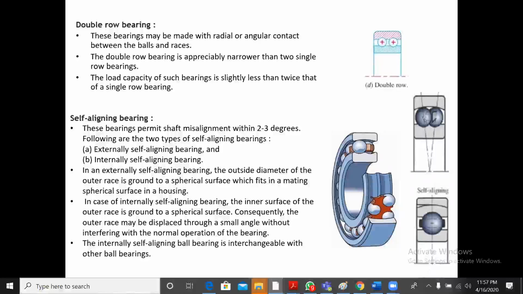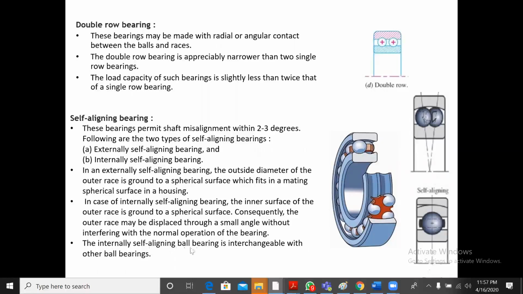to a spherical surface which fits in a mating spherical surface in a housing. In case of an internally self-aligning bearing, the inner surface of the outer race, you can see here, is ground to a spherical surface. Consequently, the outer race may be displaced through a small angle without interfering with the normal operation of the bearing.